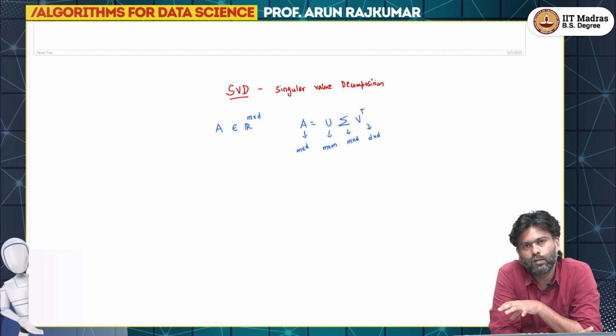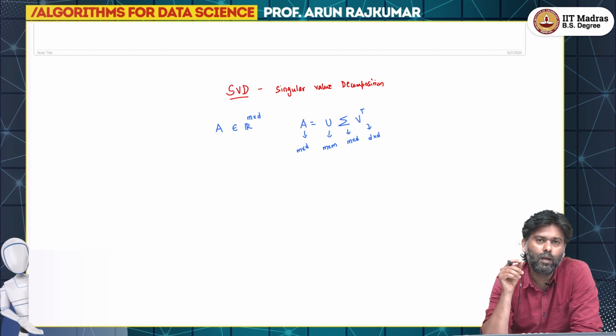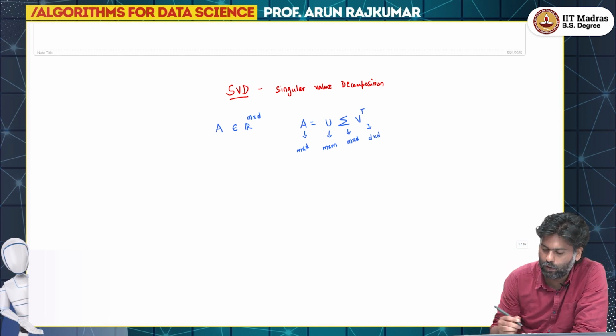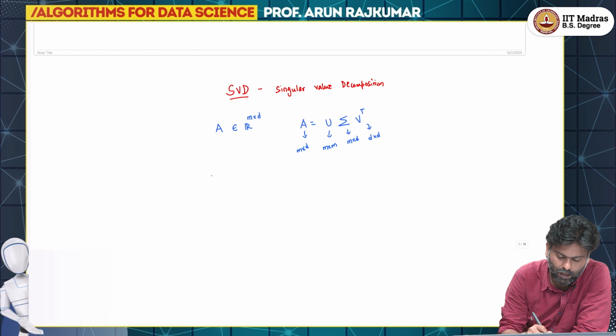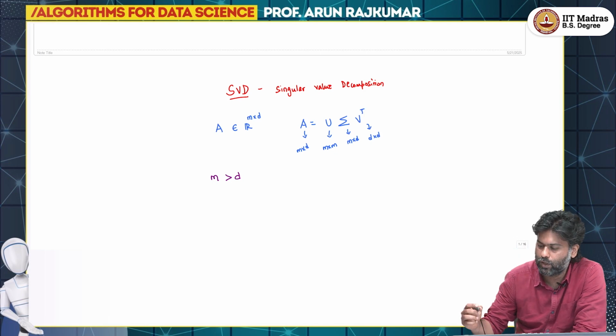So it is a pseudo diagonal matrix, where the diagonal entries are what are called singular values. Let's say we are in the setup where m is greater than d, that is, we have more data points than the number of features of each data point. So how does this look?